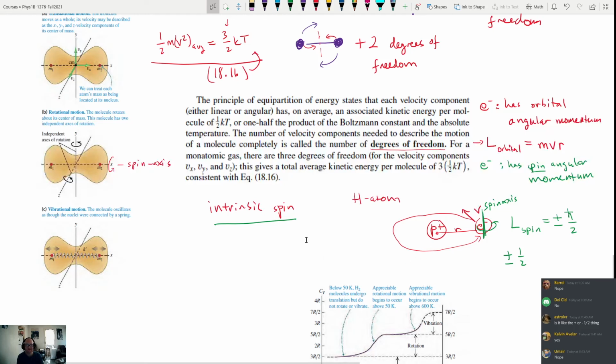All right, so to carry this back to what we're talking about, what we're saying here is that each degree of freedom contributes 1/2 kT. So if I have a diatomic molecule, we know two things.